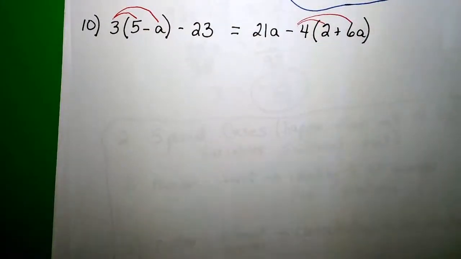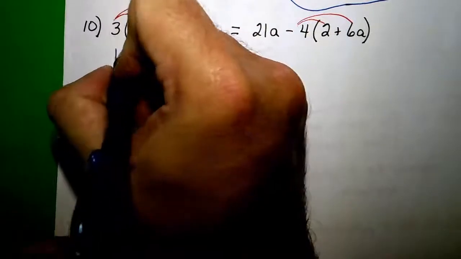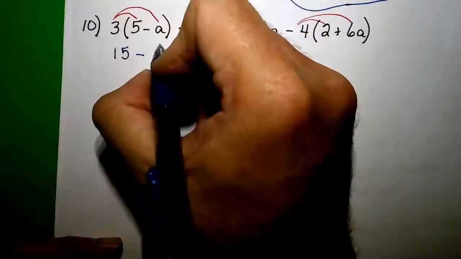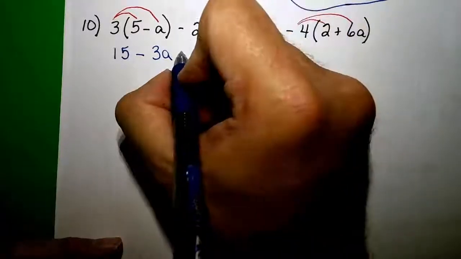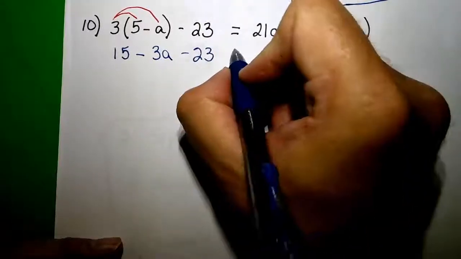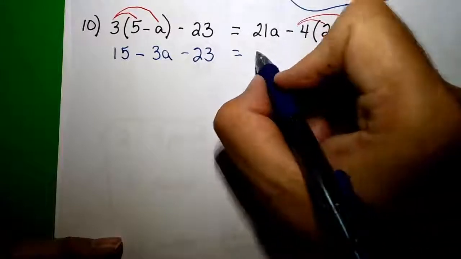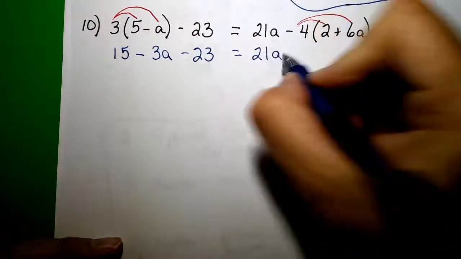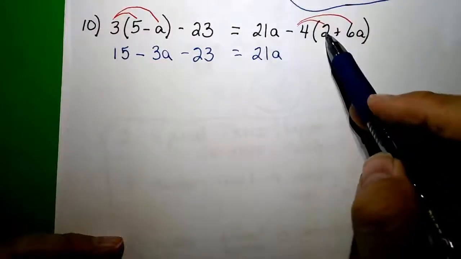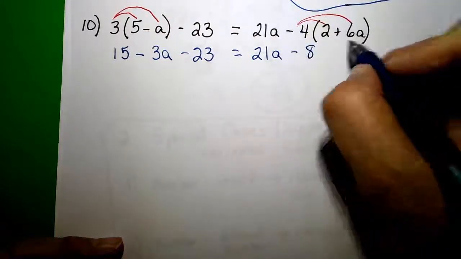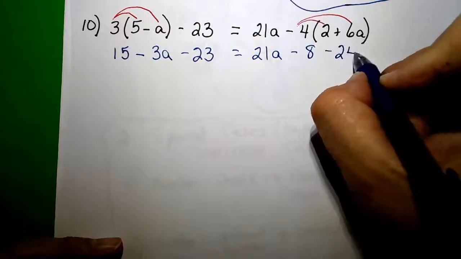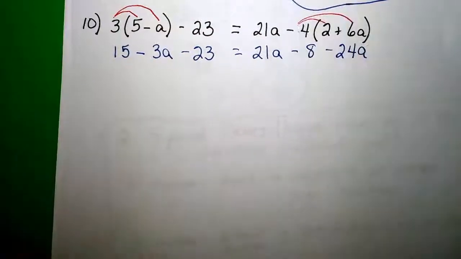So we have 15 minus 3a, then a minus 23 equals 21a, a minus 8, and is that a minus 24a? Negative 4 times a positive 6 is a negative 24.